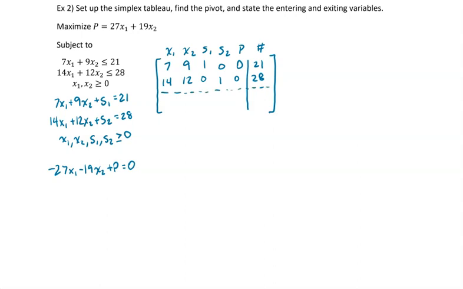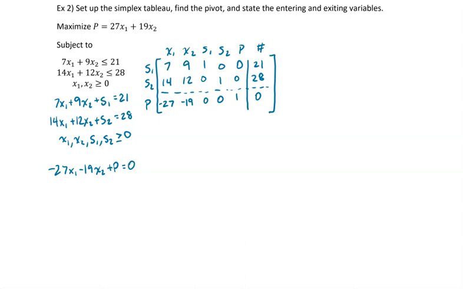Put a dashed line, and then our profit function. So negative 27, negative 19, 0, 0, 1, and 0. On the left, we have S1, S2, and P. And remember, the left-hand side is always going to start with the slack variables and P. Always.